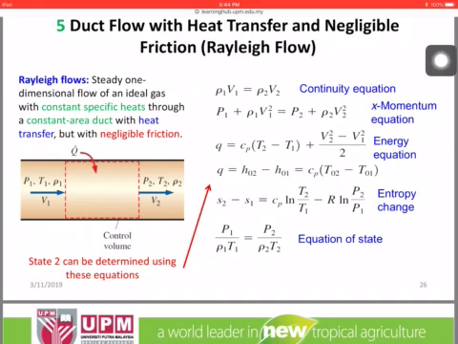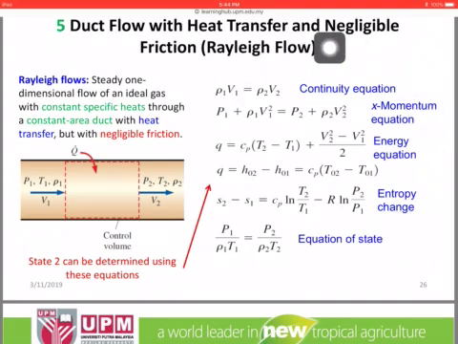This is the formula, some of which we are familiar with and some not, but try to become familiar with it: the continuity equation, momentum equation, energy equation, which includes the heat Q, entropy change, and equation of state.